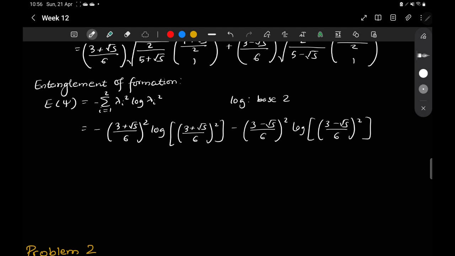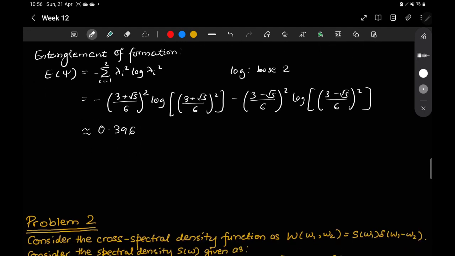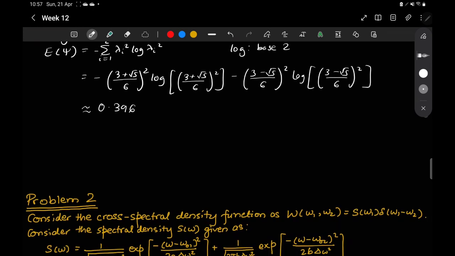Okay, so final answer comes out to be approximately 0.396. So that's the entanglement of formation. Now we need to consider the general state.